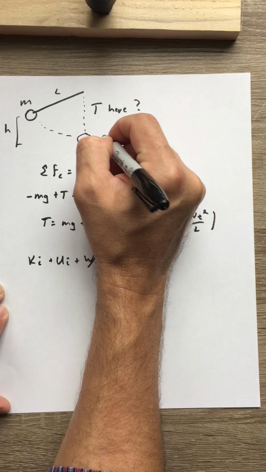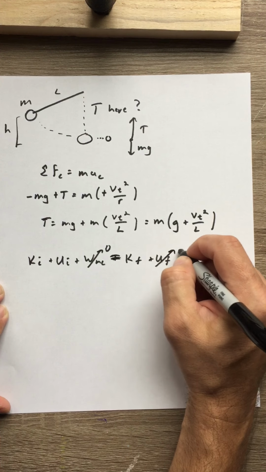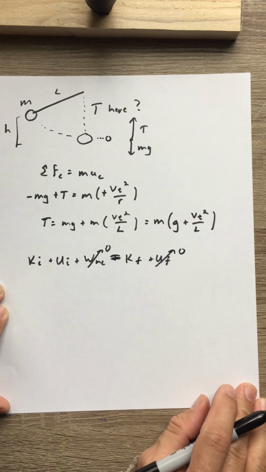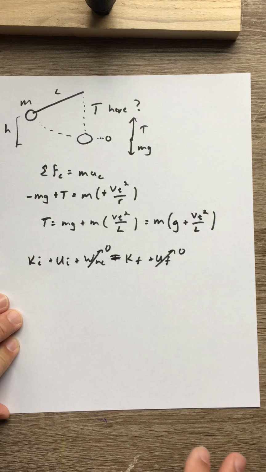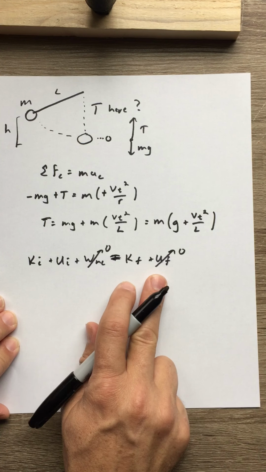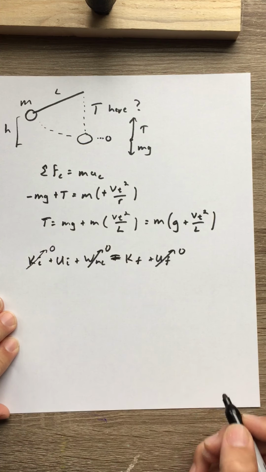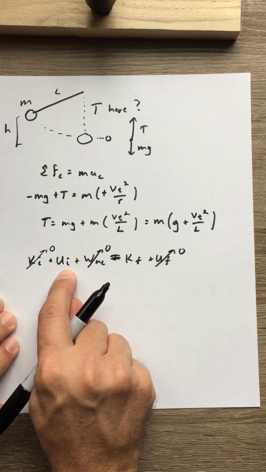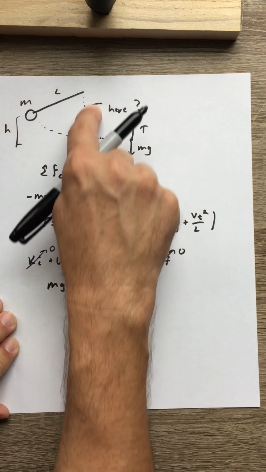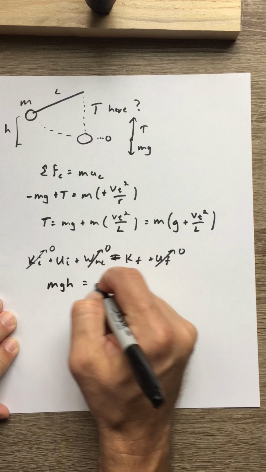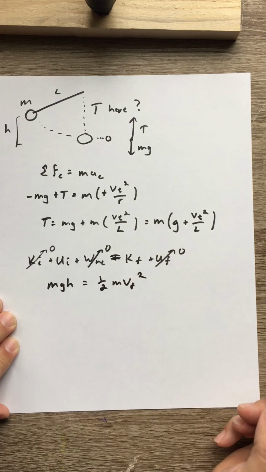If I set my zero point here, putting my origin at the bottom of the motion, there's no final potential energy. This is all stuff we've talked about before. So if this is the first one of these problems you've seen, go back and find the conservation of energy example problems. If I drop it from rest, there's no initial kinetic energy. So what I get is initial potential energy, which is all gravitational, mgh, where the height above the zero point is h, equal to 1/2 m v final squared.